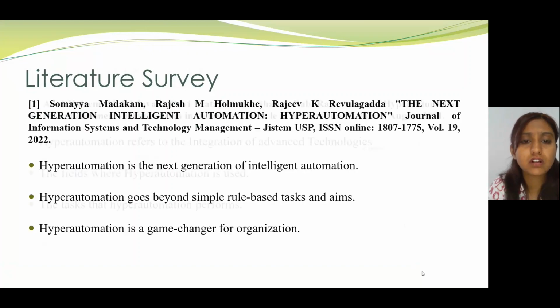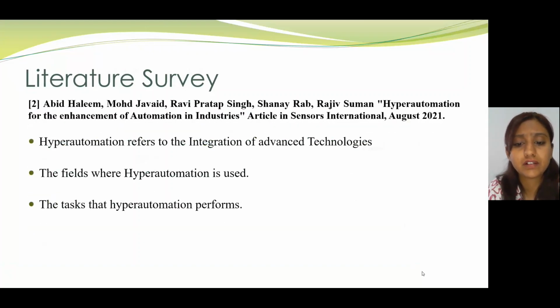So, here comes the second paper, Hyperautomation for Enhancement of Automation in Industries. It's an article in Census International, released in August 2021 by Abid Halim, Mohammad Javeed, Ravi Pratap Singh, Shanai Rup, and Rajiv Suman.